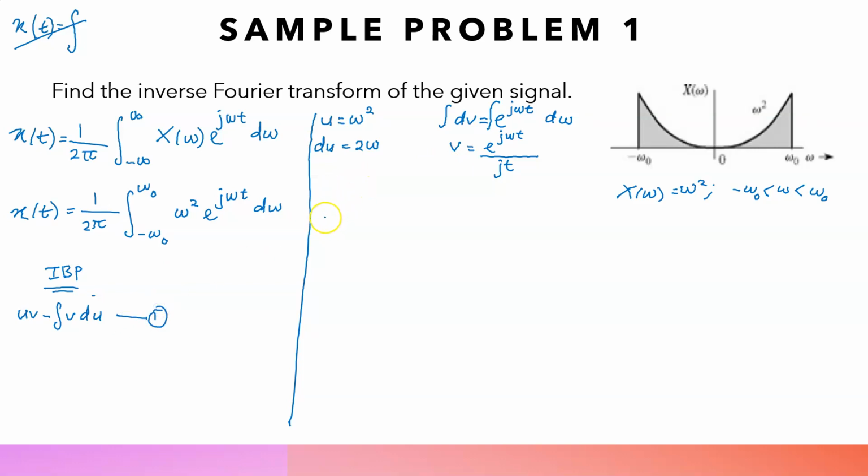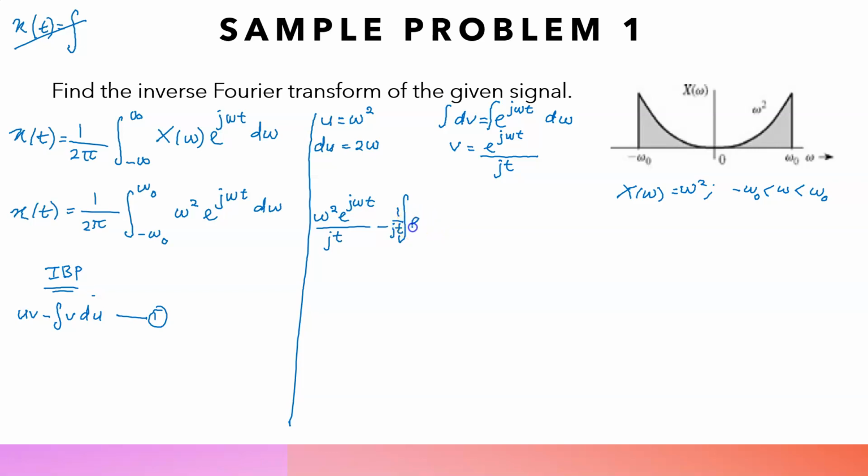So you will have u, which is omega square, v is e^(j omega t) over jt, minus integration of v, which is e^(j omega t) over jt. Let's say I bring this jt outside because it is just a constant.